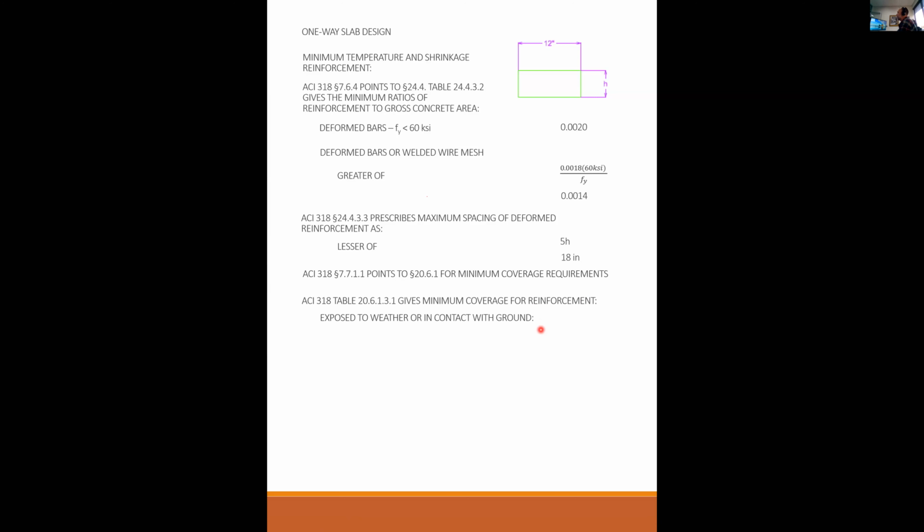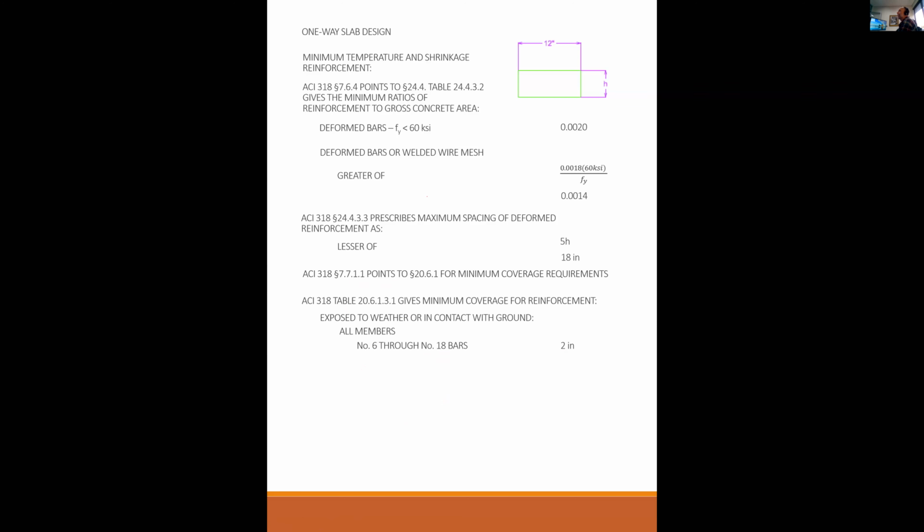But for corrosion protection, we go to this table. If your slab is exposed to weather or in contact with the ground, then all members with number 6 through number 18 bars need 2 inches of coverage.